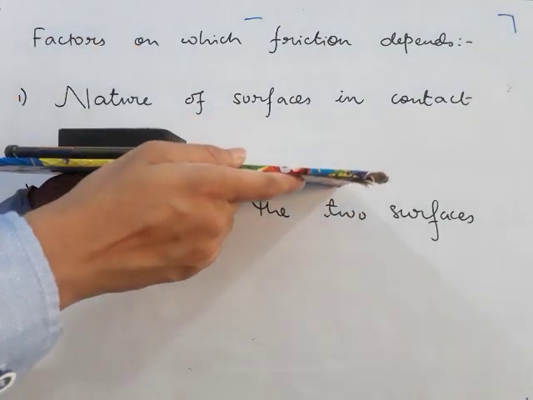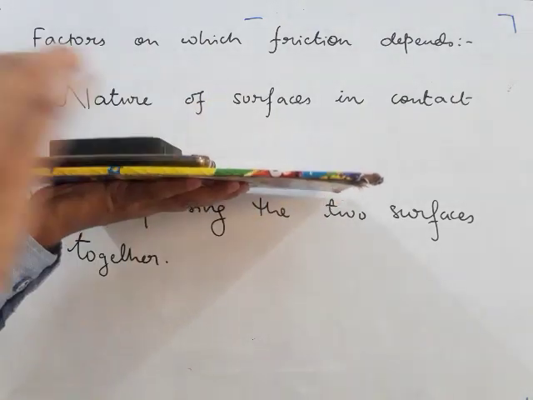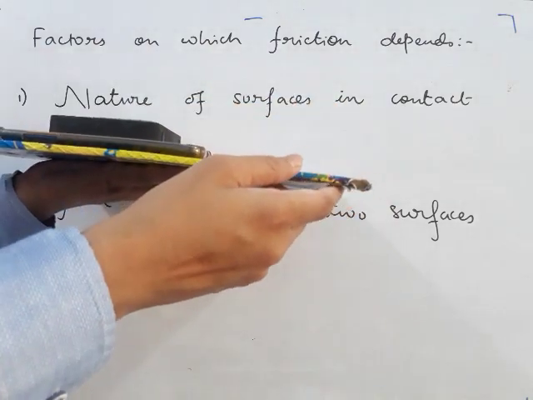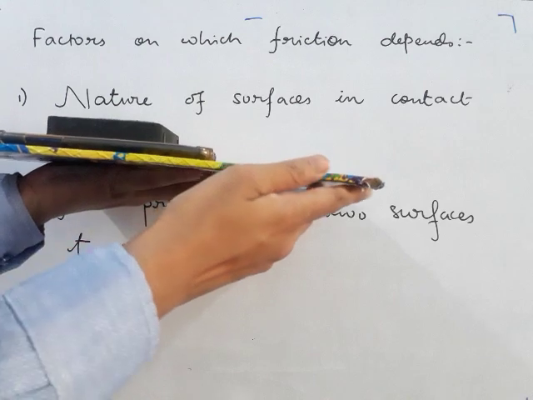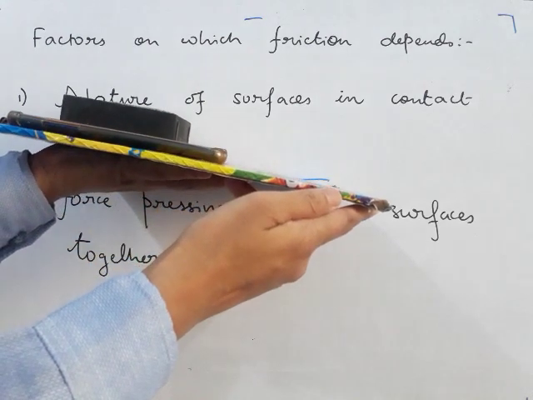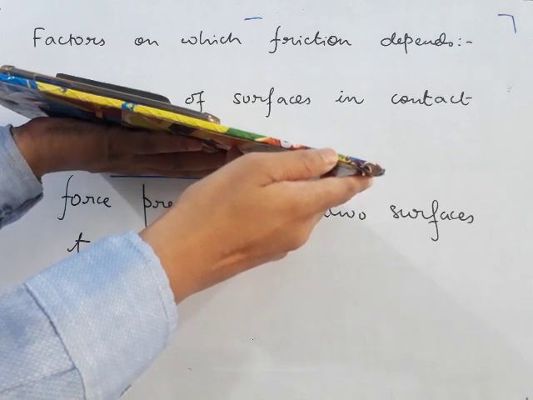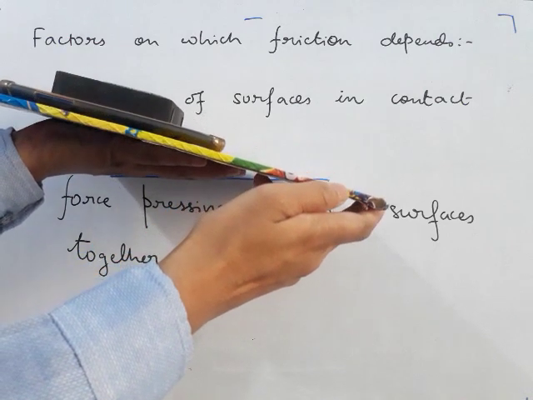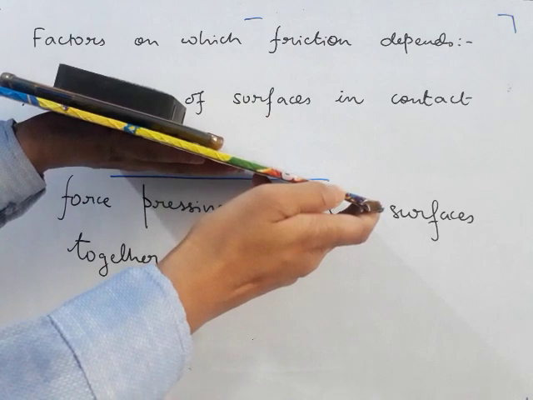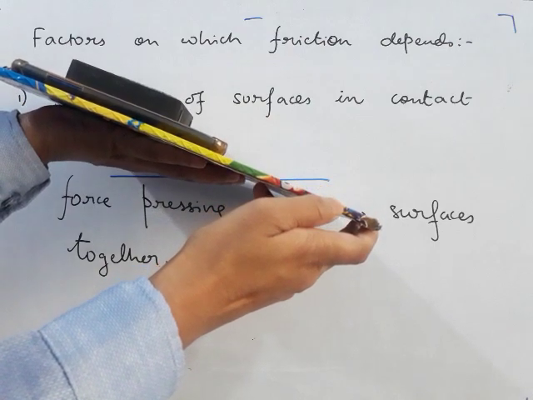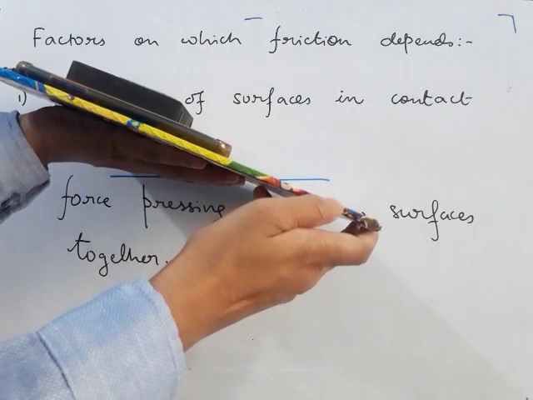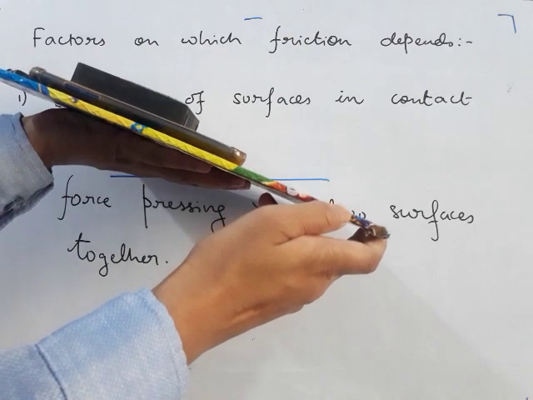Now I will try to increase the inclination. This is horizontal. Now I will increase the inclination and let's see what happens. From one side I am lifting it up. You can see the mobile phone has started sliding. Could you see?